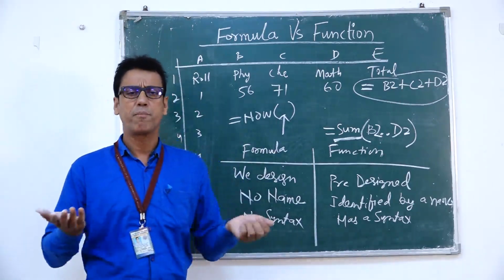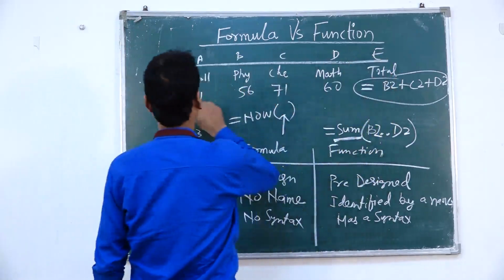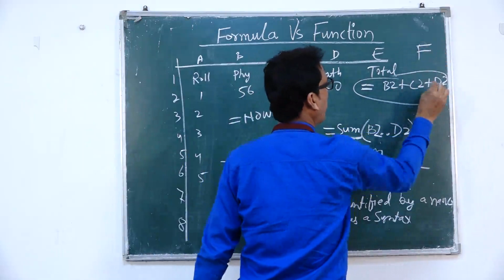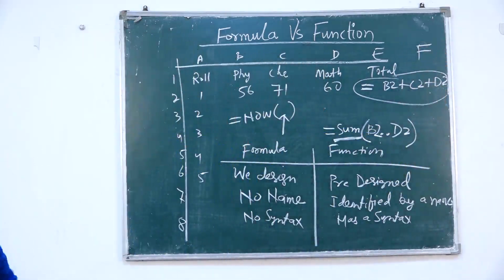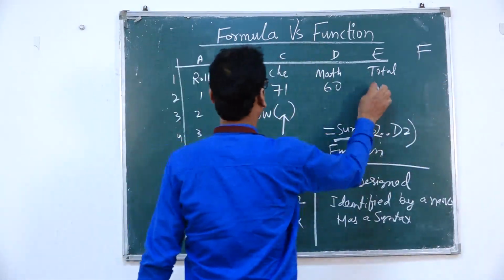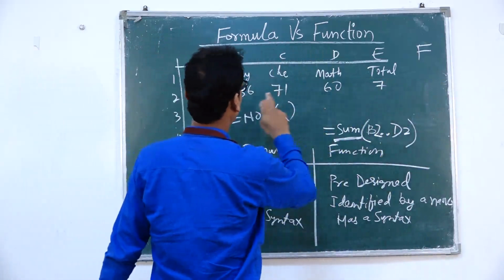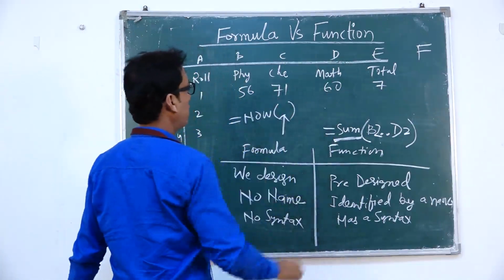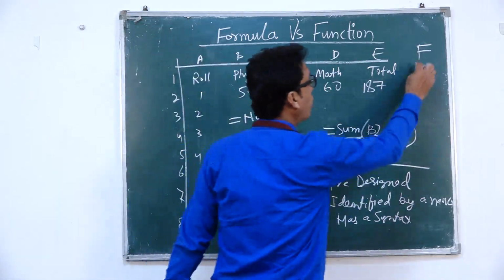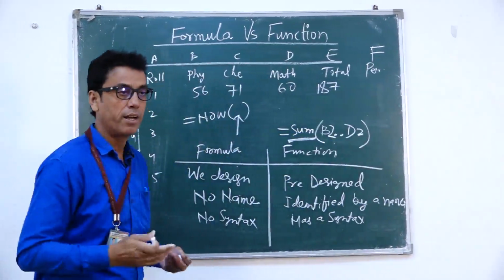But with a formula, we are free because we design it. Suppose here is the total in E2, and I want to calculate the percentage in column F. What percentage of marks has a student obtained?